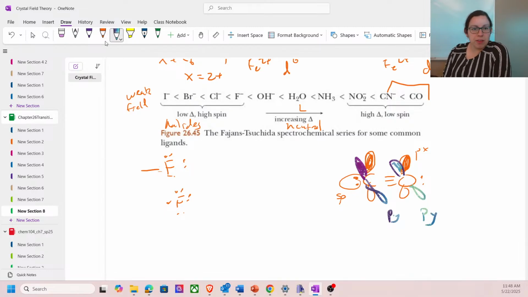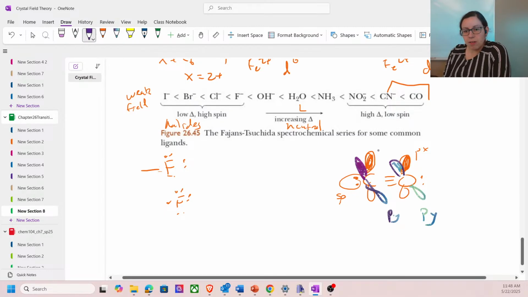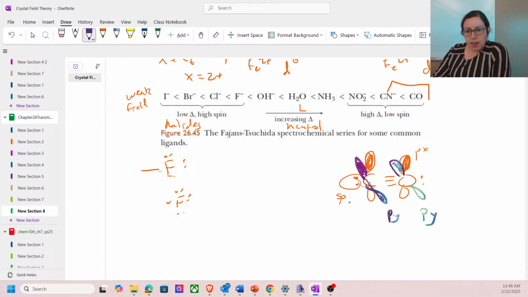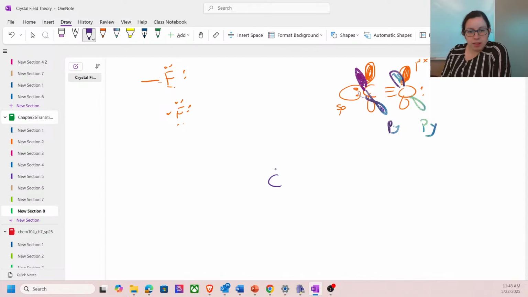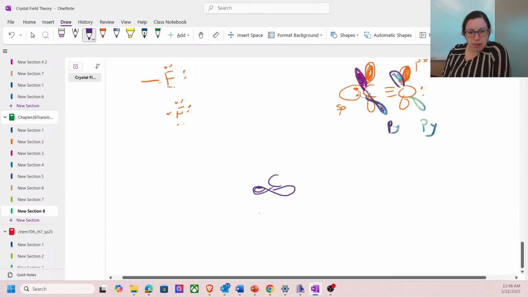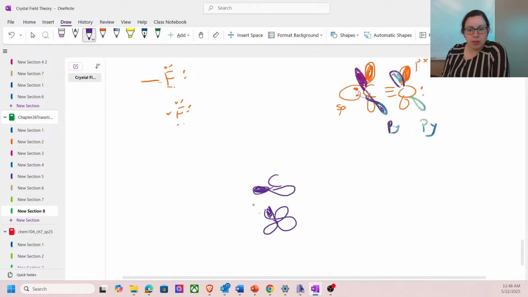And so what's special about these is, now if we look at these orbitals, especially if I had drawn them a little better, they kind of resemble d orbitals. So you have this essentially d-looking orbital.